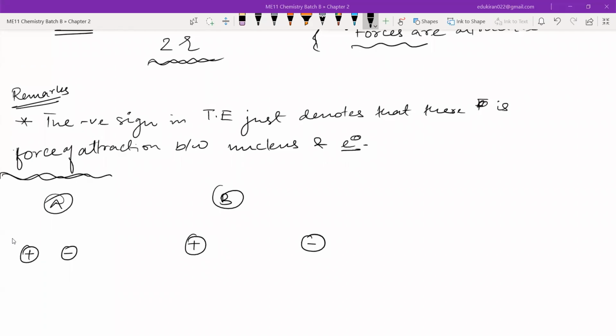The magnitude of force is the amount of attraction they are feeling, and because it is attraction, there will be a negative sign. So the magnitude of force is dependent on the distance, but the sign is dependent on whether it is attractive or repulsive. When it is more attractive, that means it will be more negative.